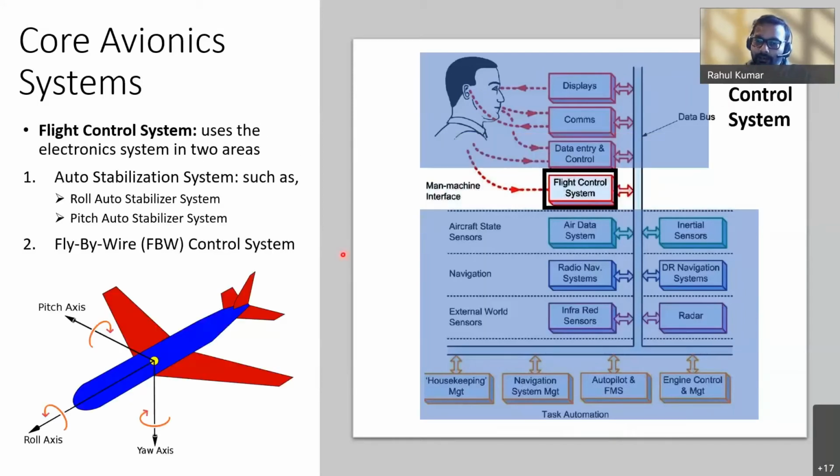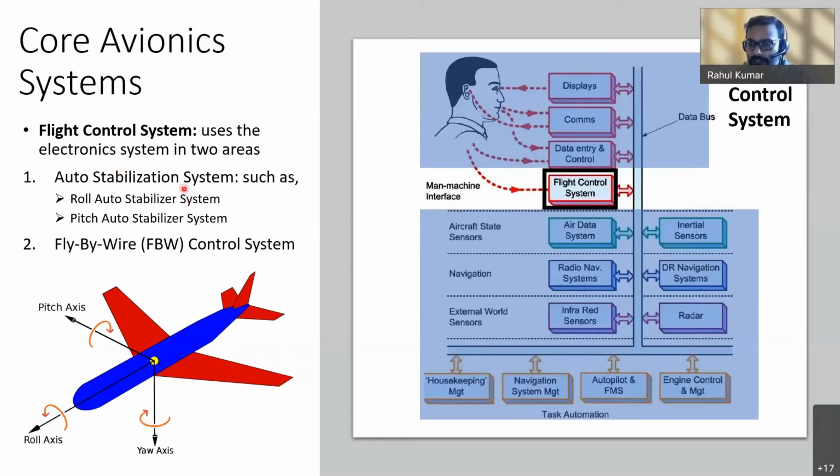The next core avionic system is your flight control system. They use electronic systems in two areas: auto stabilization system and fly-by-wire control system.